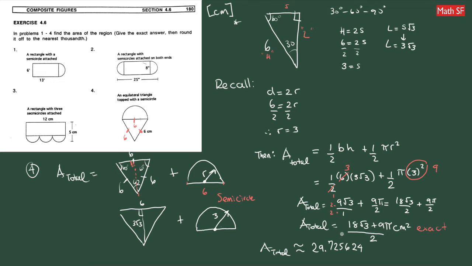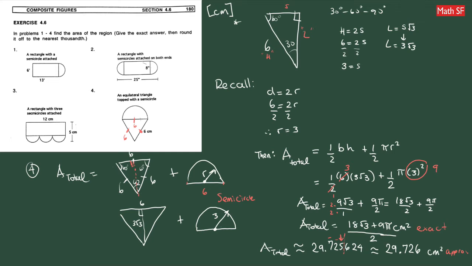So I'm going to locate the thousandths place. And because this is more than 5, this is going to be approximately 29.726 square centimeters. And this is the approximated solution.